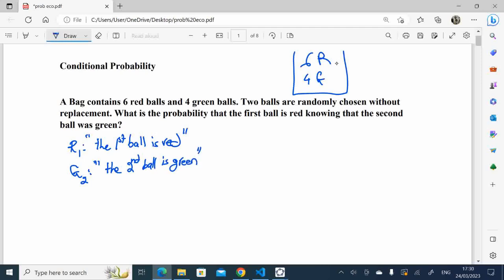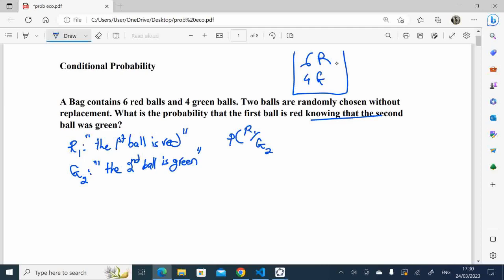So the question here is to find the probability that the first ball is red knowing that the second ball was green. Knowing the second ball was green, it means knowing G2, I need to find the probability of R1.